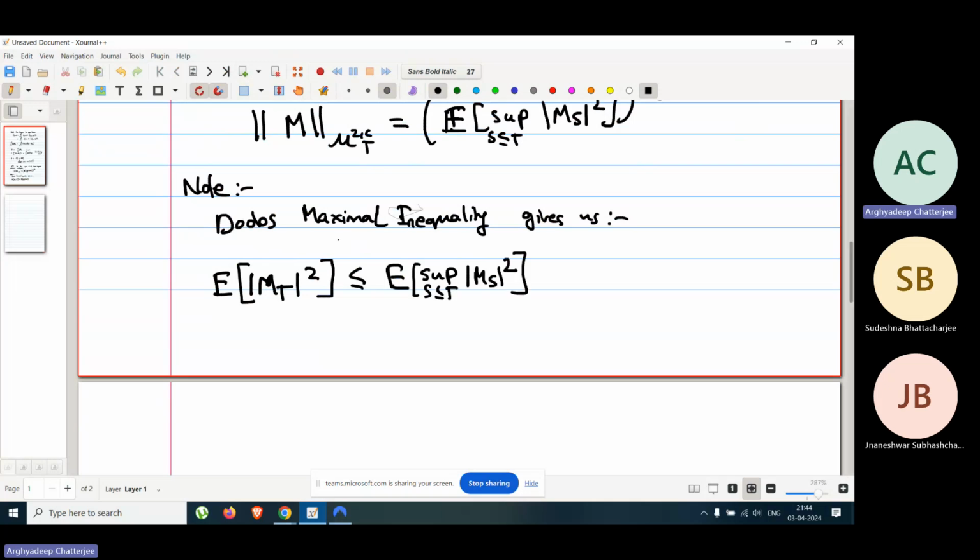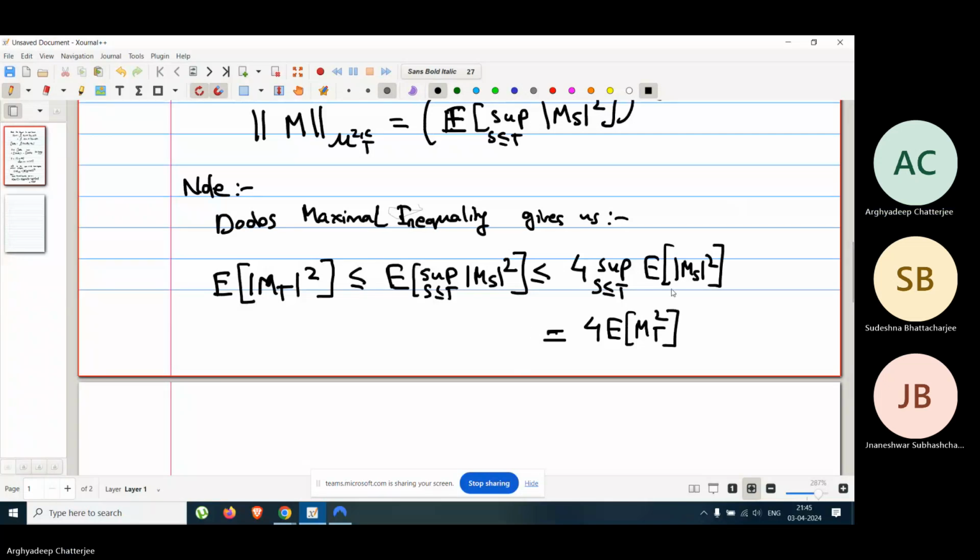This is just a basic observation and has nothing to do with Doob. This next step is the step of Doob: it is at most 4 times the supremum over s less than or equal to T of the expectation of M_s squared, and this is actually equal, by another application of Doob's maximal inequality, to 4 times the expectation of M_T squared. So we have a two-sided bound for this norm.